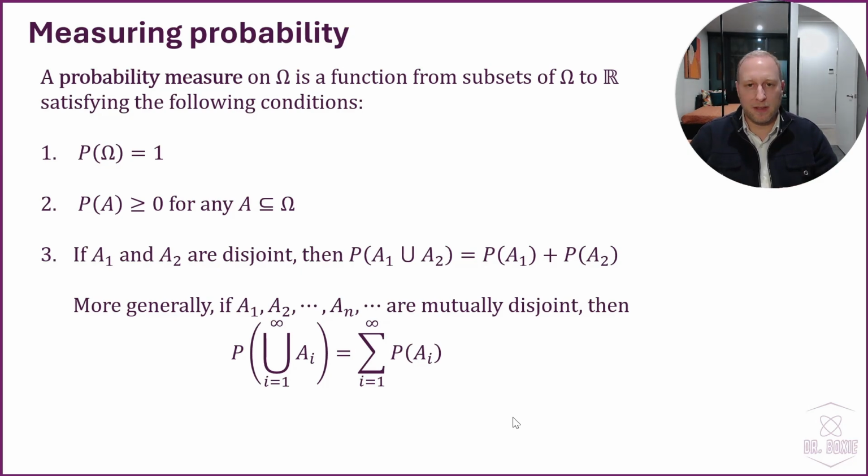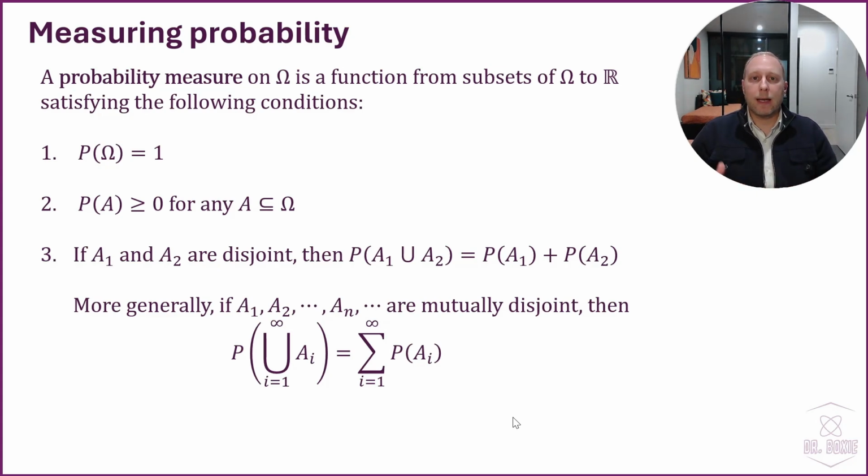Now, I do want to mention that this is still relatively hand-wavy in the sense that I did not define what a sample space is, at least not from a mathematical point of view. I did not use a formal definition using set theory to define what is and is not allowed to be a sample space, nor did I define what an event is exactly.